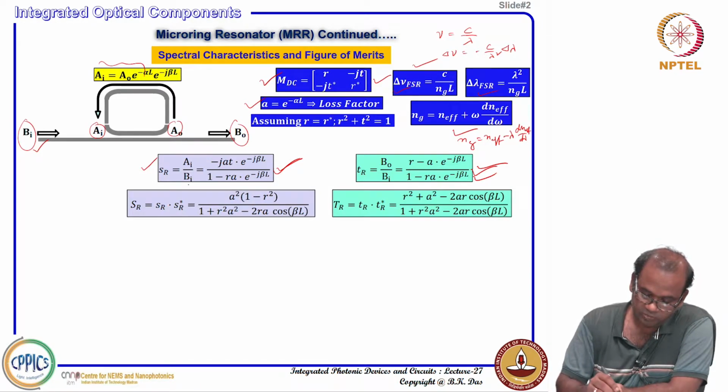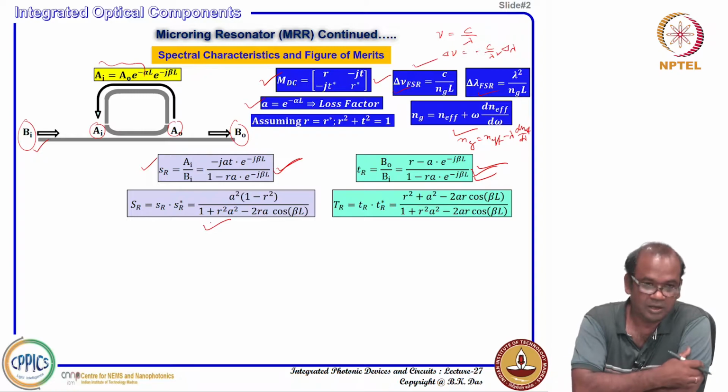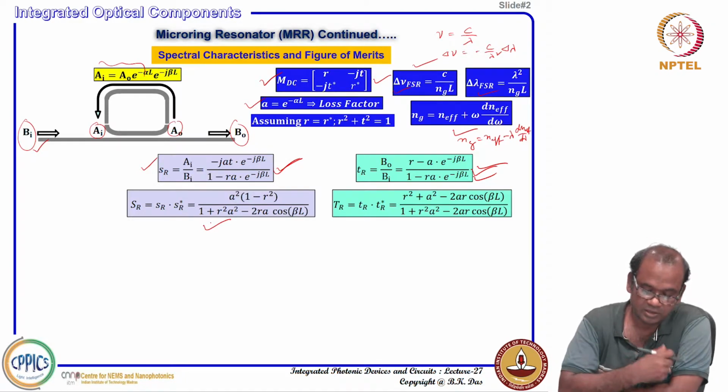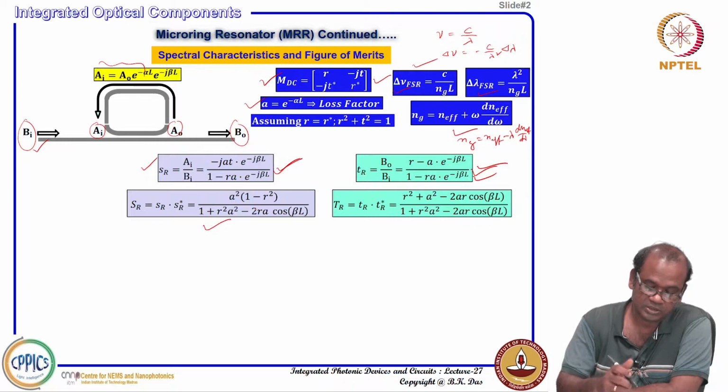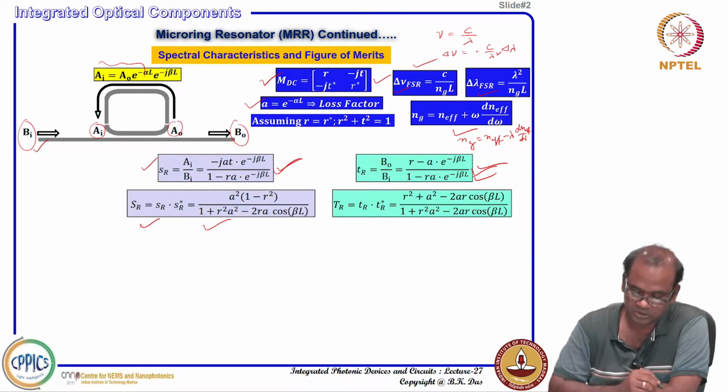If we take the complex conjugate and multiply, then we get the intensity enhancement inside the cavity. That means it measures how much power is amplified or stored inside the microring resonator, that can be expressed in this one. You take the complex conjugate and multiply, and we call it the power transfer function.